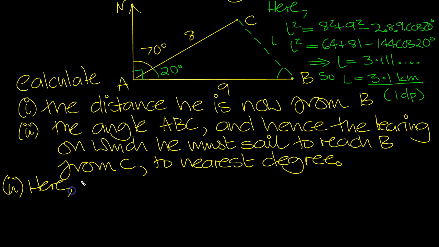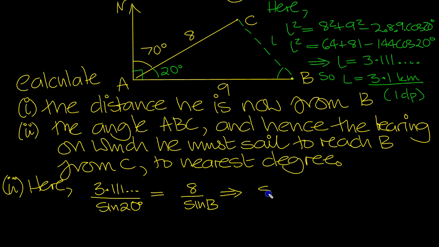So here, L over sine 20. So L, which I'll write in as the number, 3.111 over the sine of 20 is equal to 8 over sine B. So that tells us sine B. So move this up there.